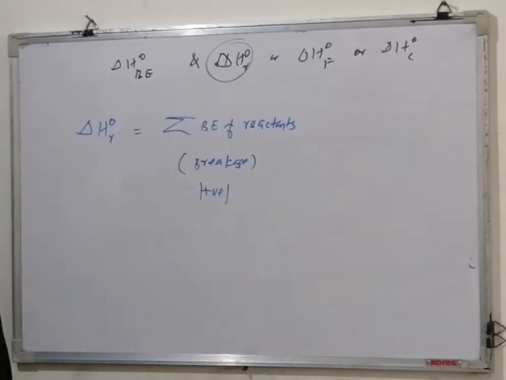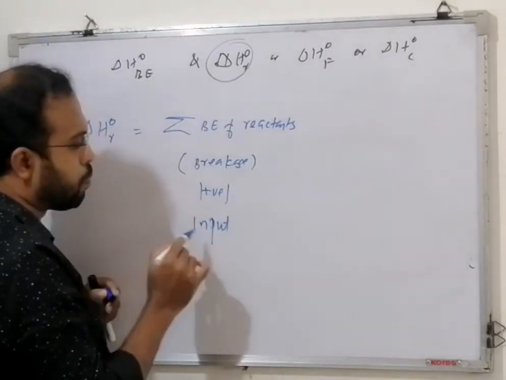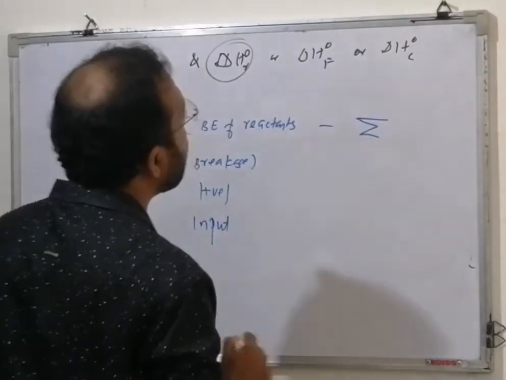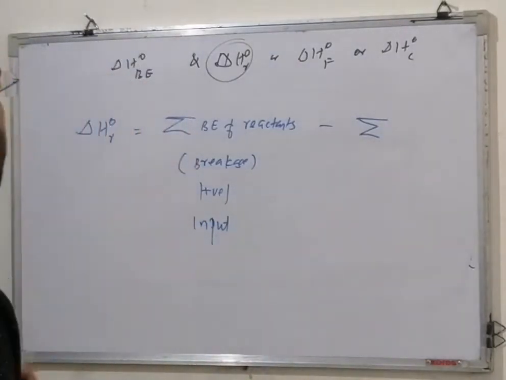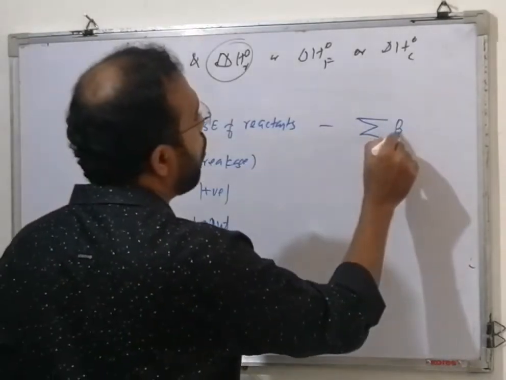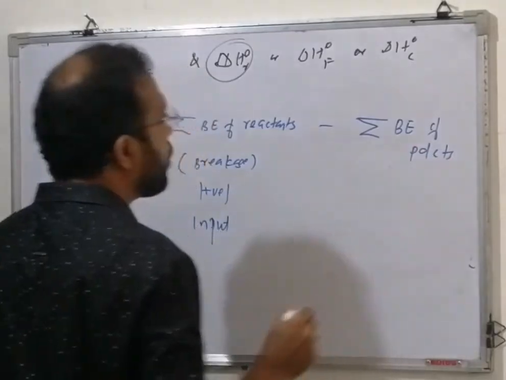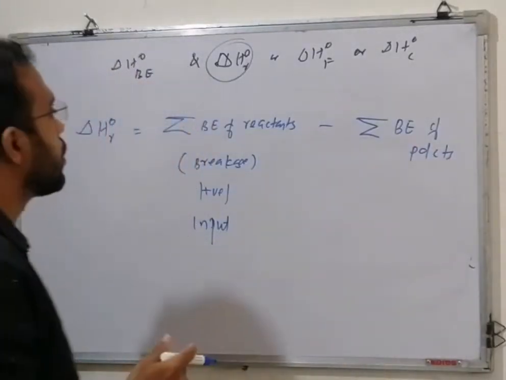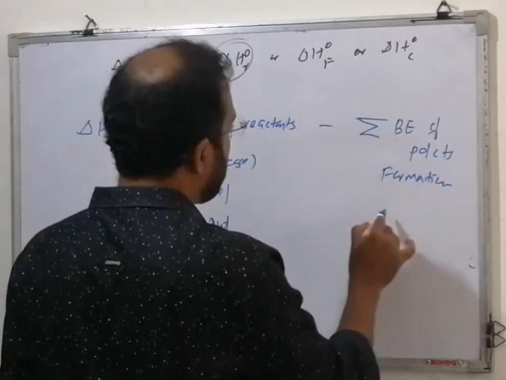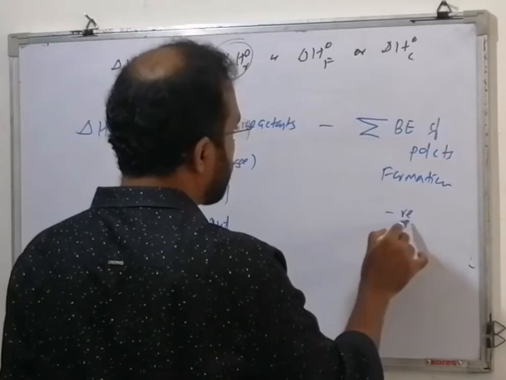Fine. This is input for the reaction, heat input, minus the summation of bond enthalpies of products. In the case of products, where bond formation happens, that will always be negative.